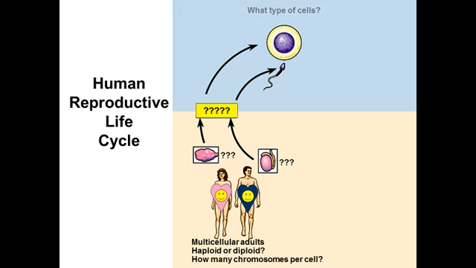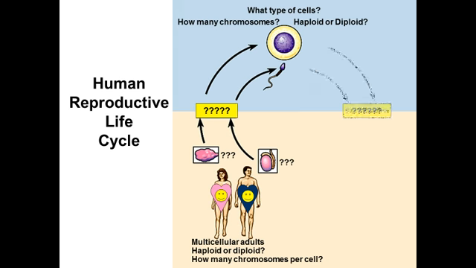The next thing that happens is, what are these cells called, right? What is the name of this cell? What is the name of this cell? What are they collectively called? How many chromosomes does each of these cells have? Okay, are these cells haploid or diploid? The next thing that happens, we have these 2 cells joined together. What is that process called?